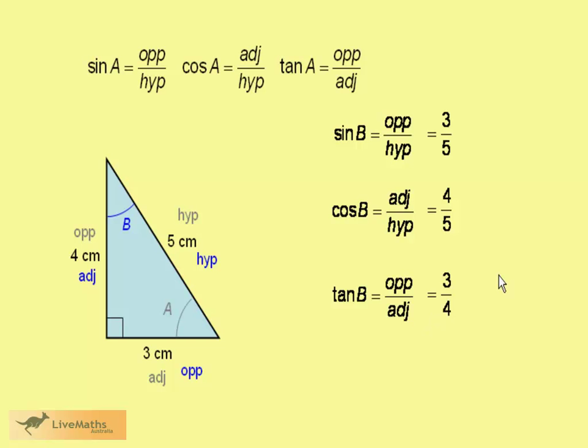For those of you who like to look a little deeper than just what you need to know to pass GCSE, consider the fact that sin B is 3/5, which is the same as cos A. Cos B is 4/5, which was the same as sin A. Tan B was 3/4, and tan A 4/3, in other words, the other way up.